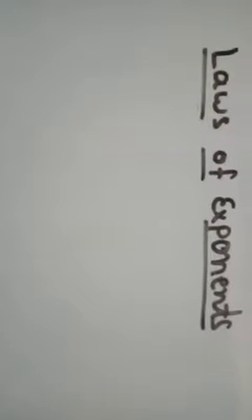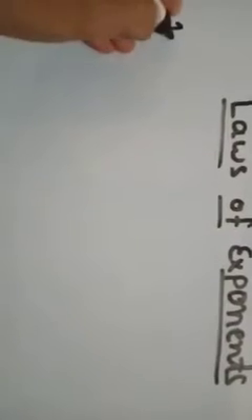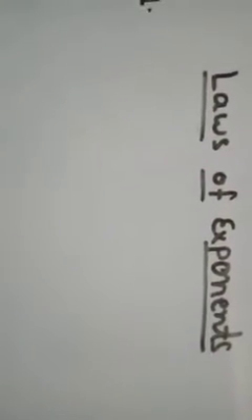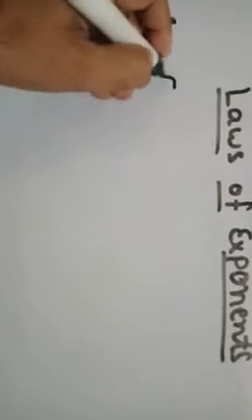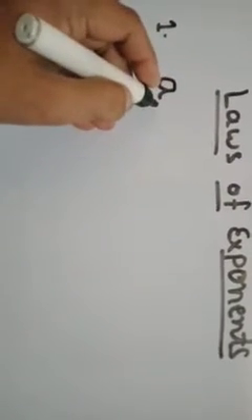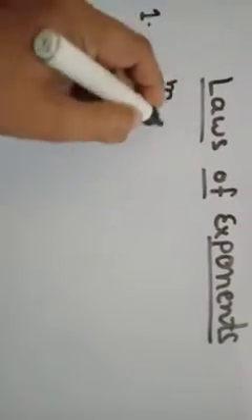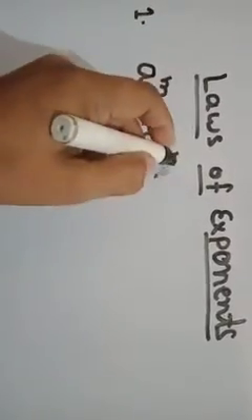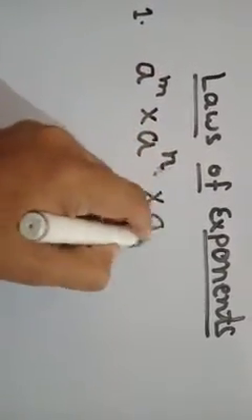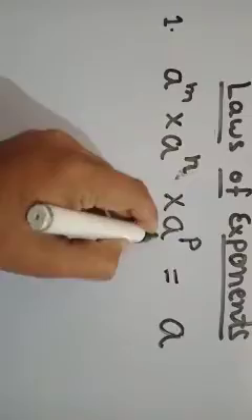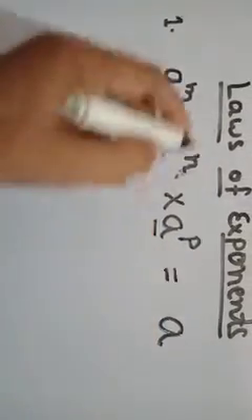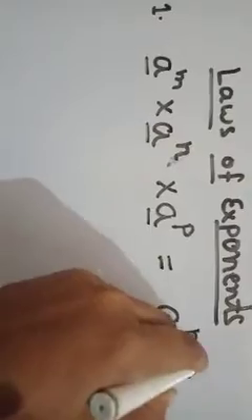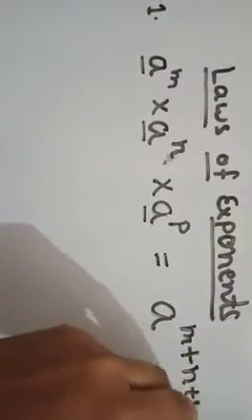So, start from law number 1, the product law of exponent. In this law, the rule is when bases are the same and powers are different, then we have to take a common base, that is a, and add all the powers: m plus n plus p.